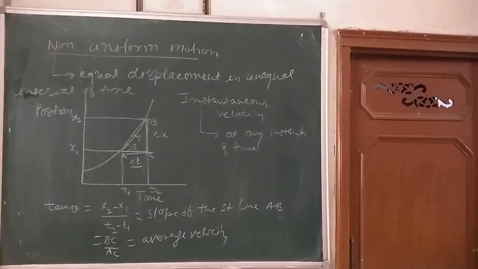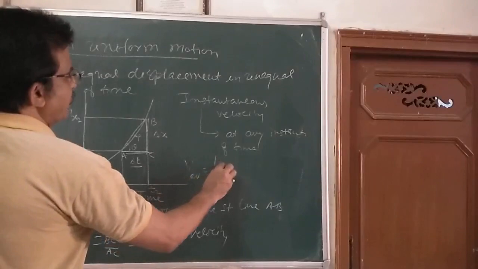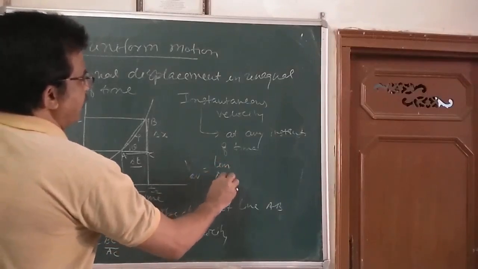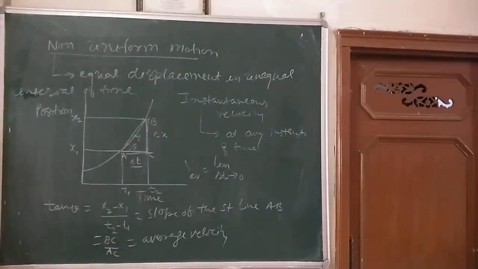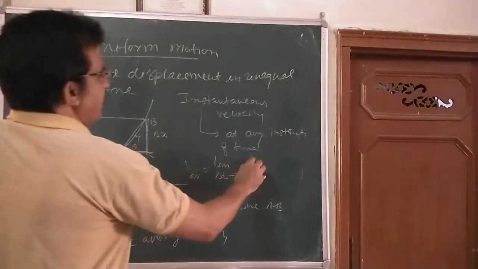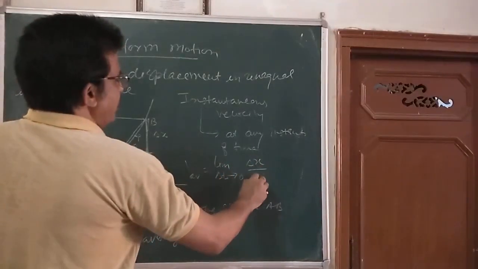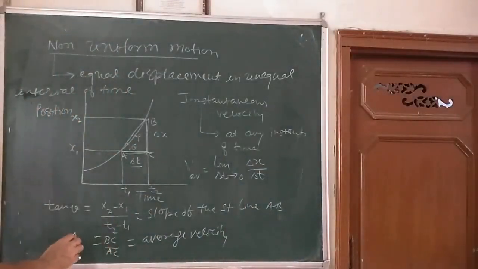If I take a limit here, I can write this average velocity for a very small interval of time, limit delta t tending to 0. I am applying the limit because the change in position is delta x and the change in time is delta t, so delta x by delta t.